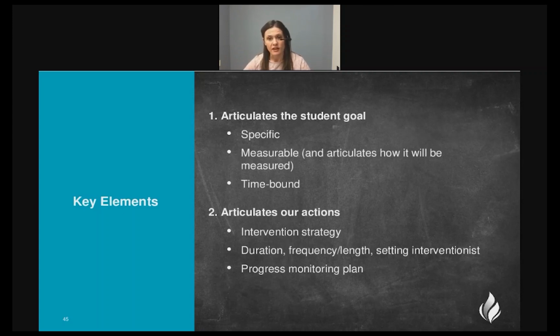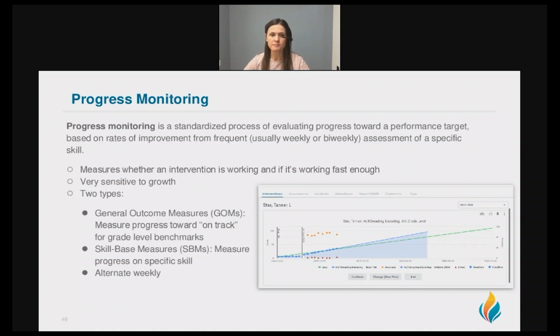And then we're also identifying how we are going to progress monitor the student and actually measure how the student is making progress. So, progress monitoring is this process of evaluating progress toward a performance target based on rates of improvement from frequent assessment of a specific skill.